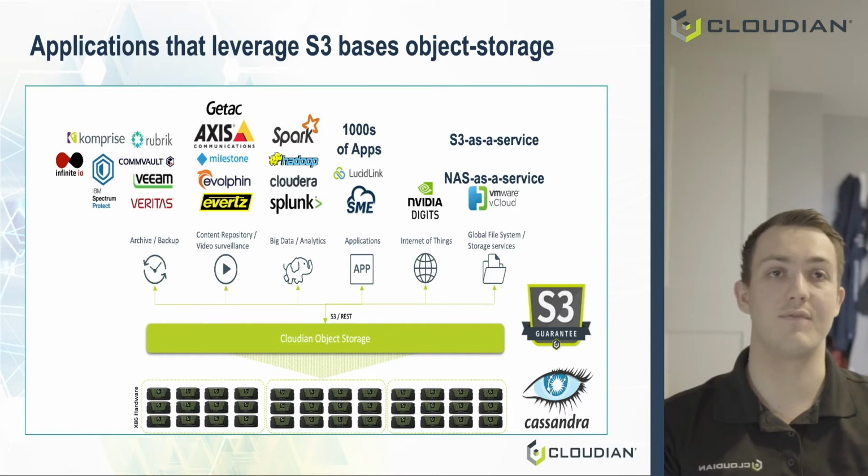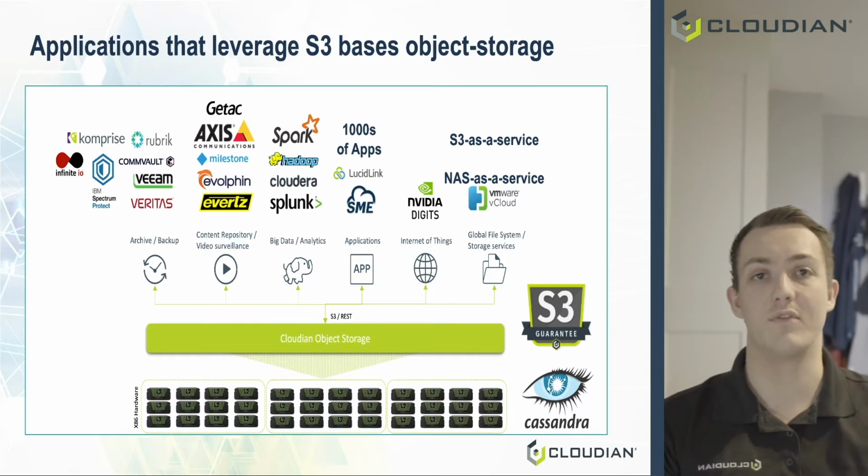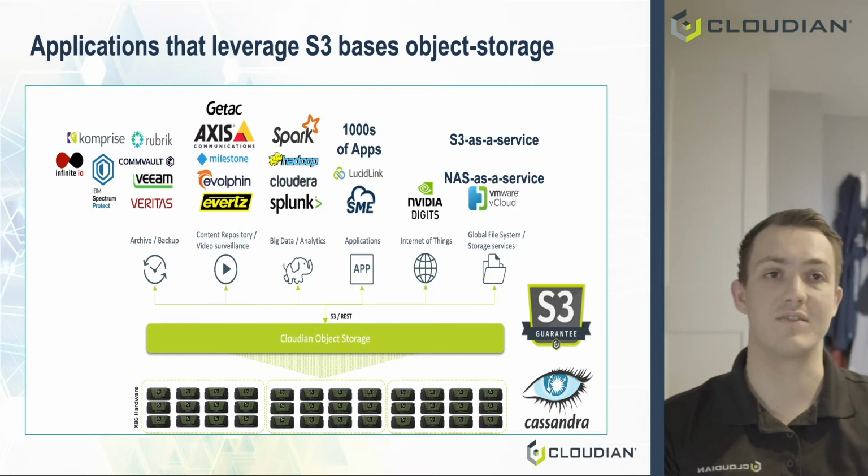And lastly, we have the service providers leveraging, for example, Cloudian to provide object storage or S3 as a service. It's really important to have a big integration into the S3 API and be 100% S3 native, because your end customers want to have all the possibilities from the service providers that they can also get from the public cloud.